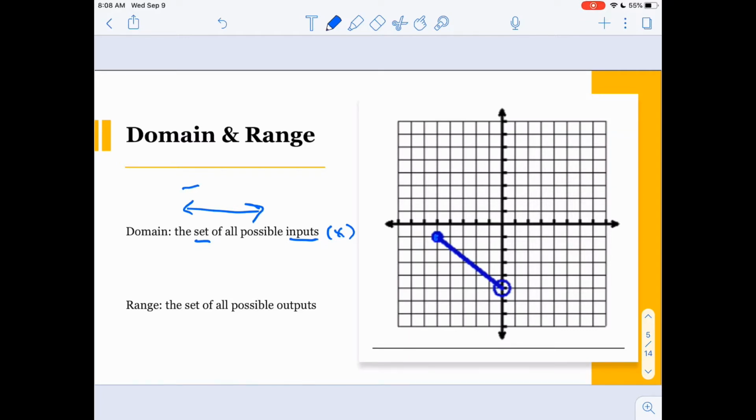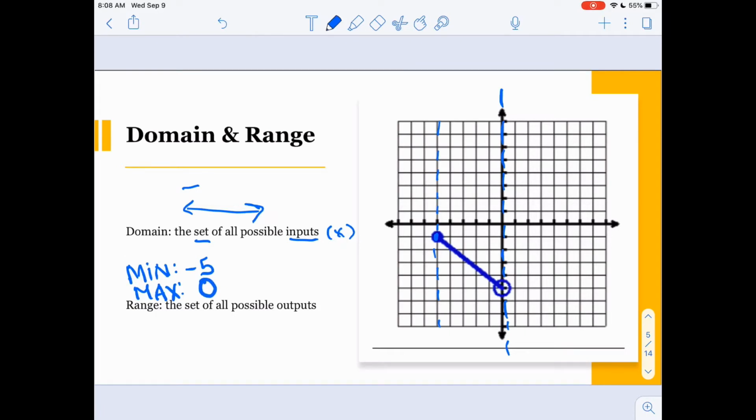So it's this point right here. So I can see my smallest x value, my minimum x value, is -5. Now my maximum x value is going to be the point furthest to the right. So that's this point right there.